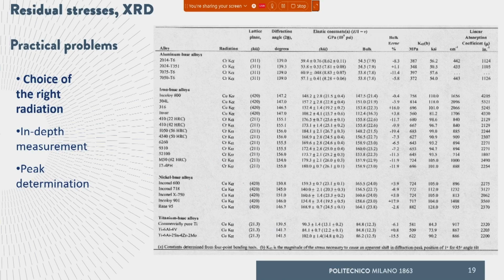It's portable, and the angle we can use is limited. These angles are the most convenient ones.